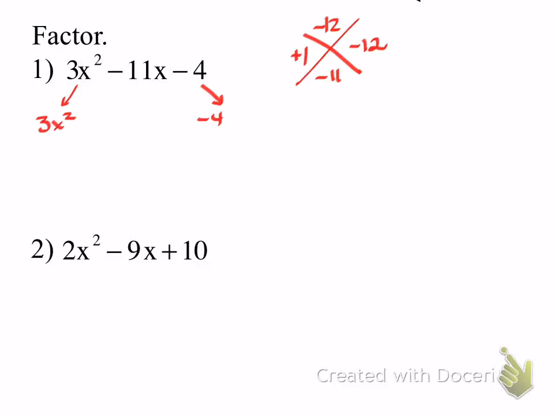And these, I'm really just breaking up this negative 11x into minus 12x plus x. So notice, because this is made up of x's, I'm breaking it up. Minus 1x minus 12x. And now I make a group.